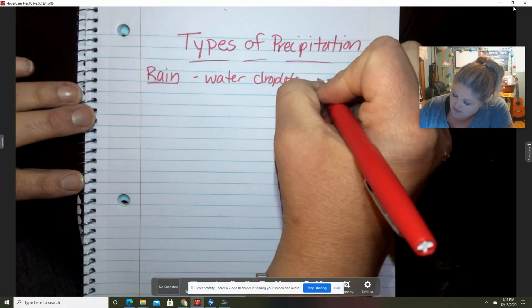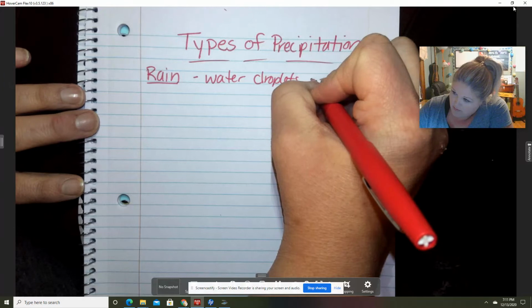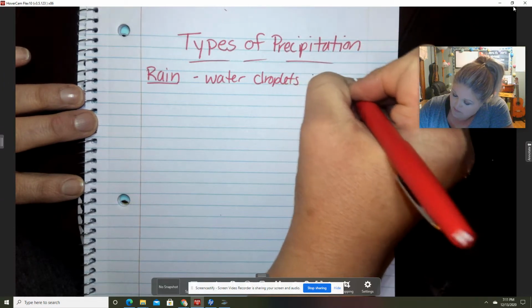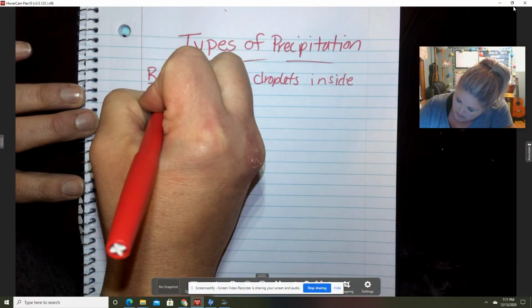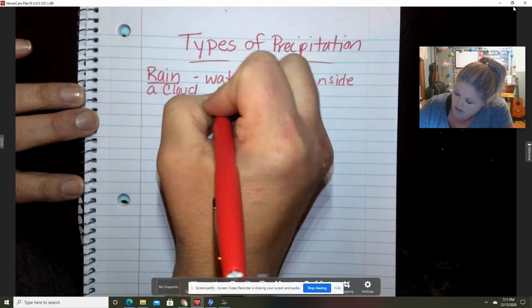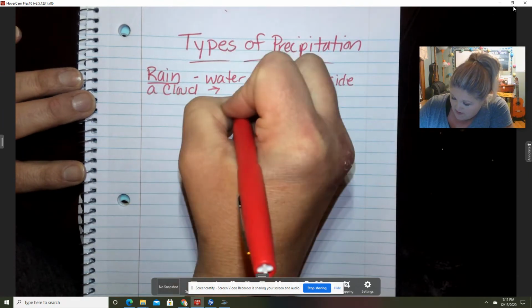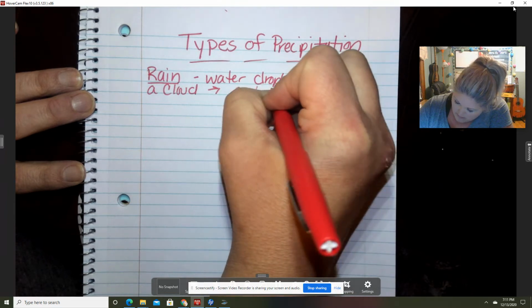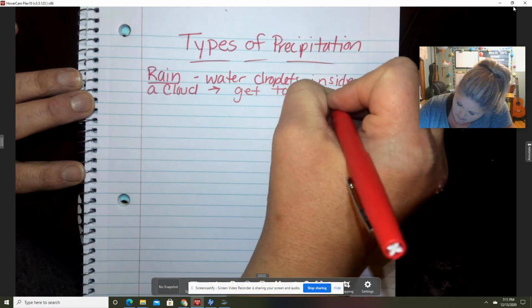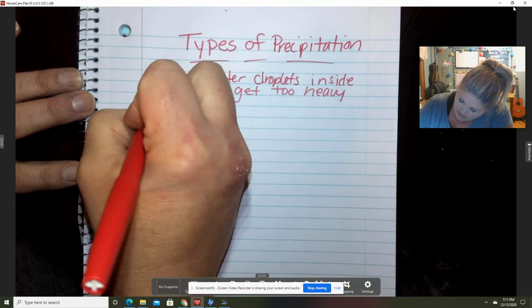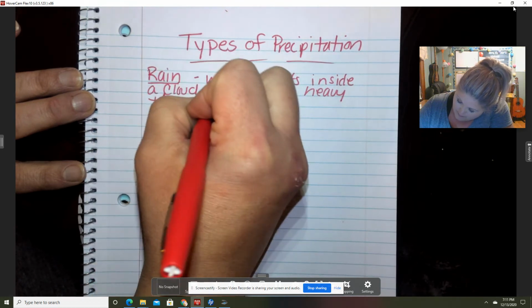So water droplets inside a cloud, and then when they get too heavy, they fall as rain.